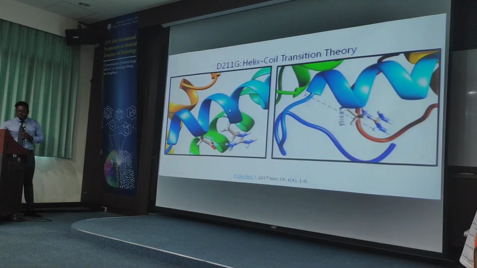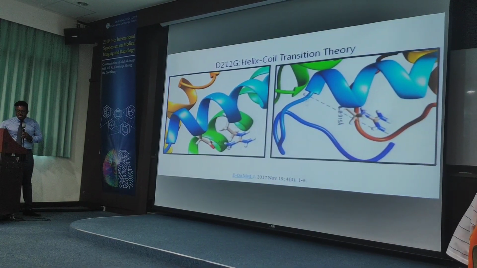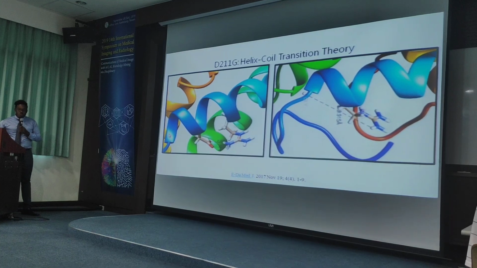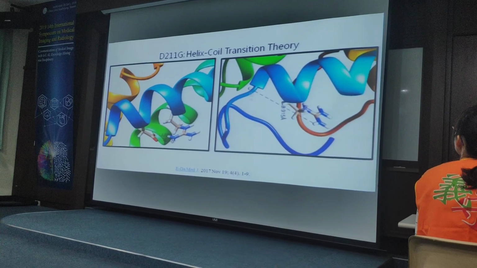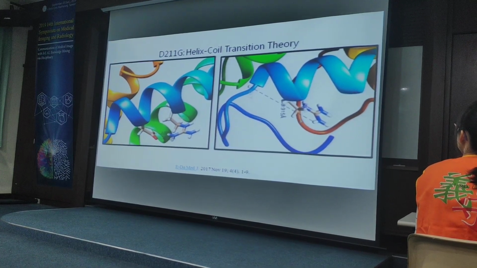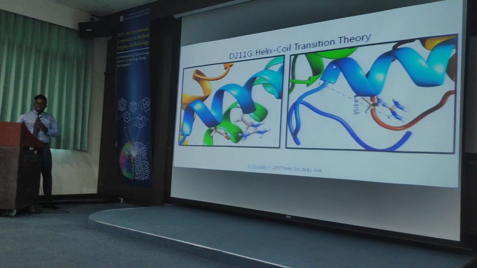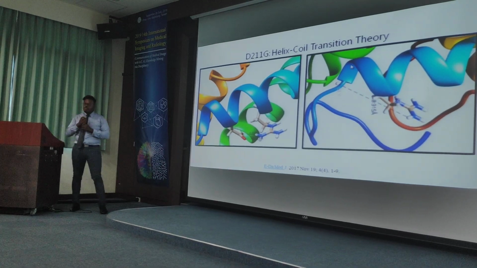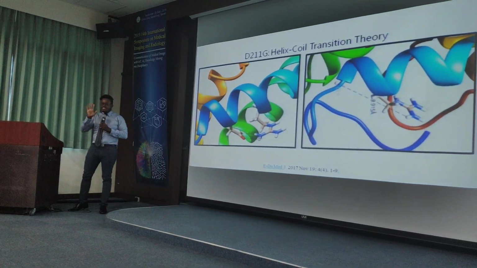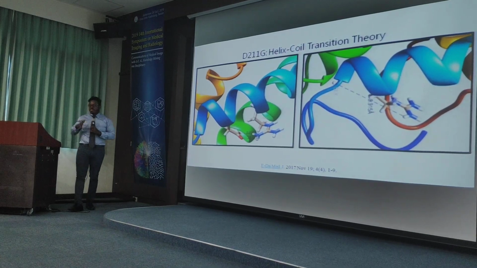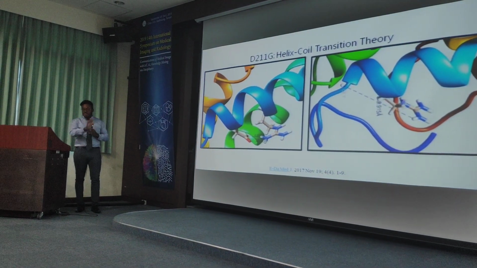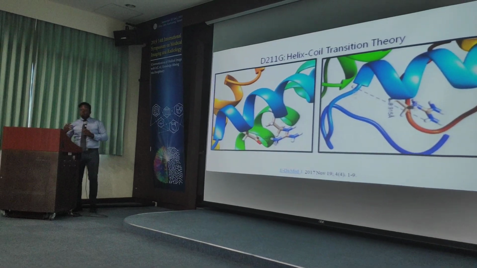Here's the nice blue helix in the wild type or normal protein, and in the mutant, notice that the helix unfolds completely. This, I believe, exposes what are called the hydrophobic regions of the protein, and this creates a sticky patch. So proteins start to stick to other proteins, and to lipids like fats in the body, and this creates a big problem.